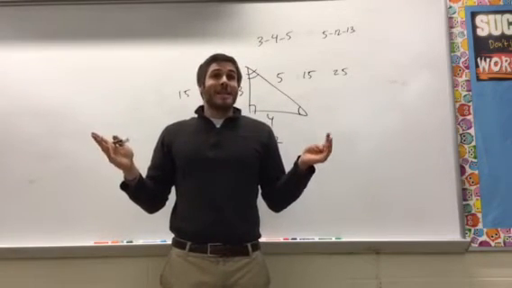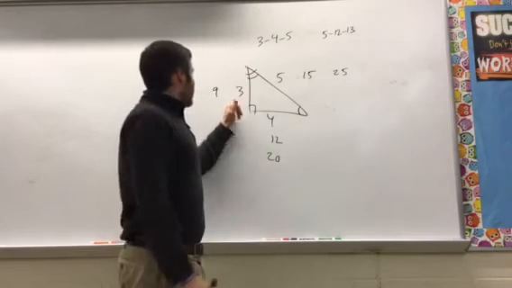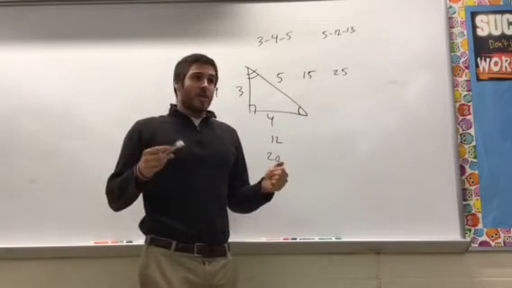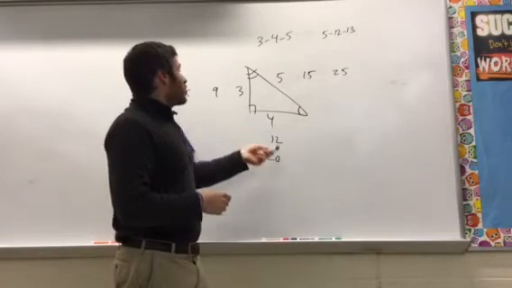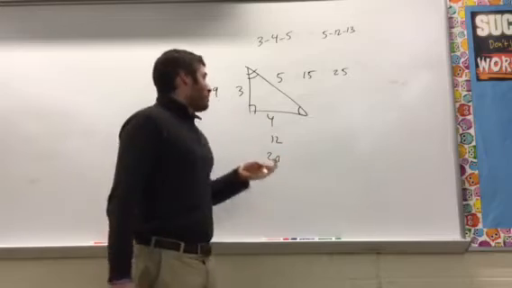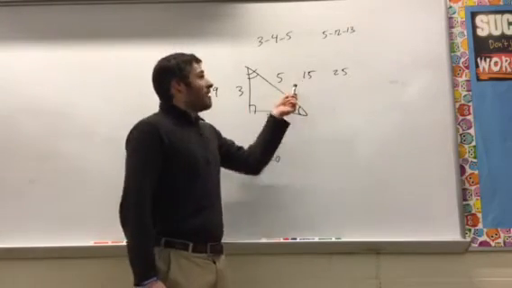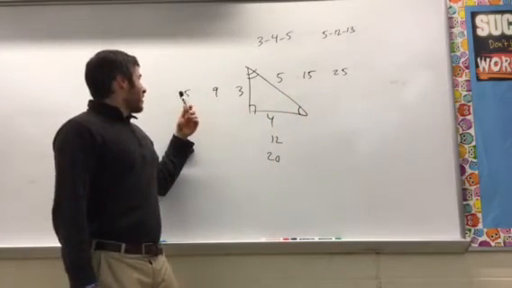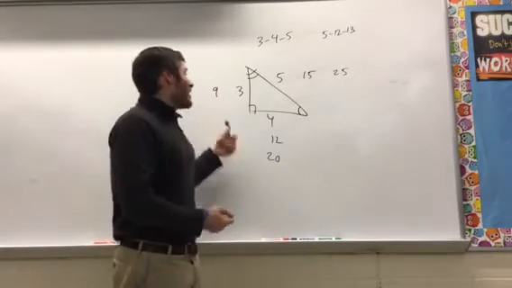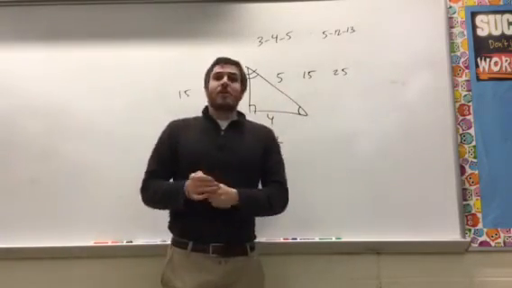Why does that happen? Well, these are what's called ratios. And ratios, we could see 9, 12, 15, if you break that down, divide them all by 3, that's 3, 4, 5. Over here, 15, 20, 25 divided by 5, well, that's 3, 4, 5 as well.